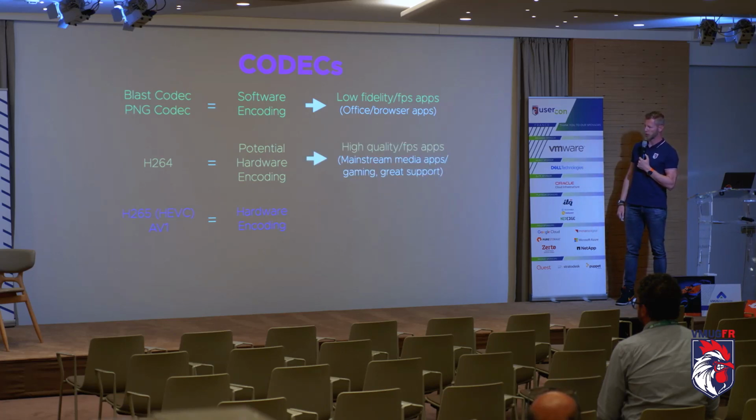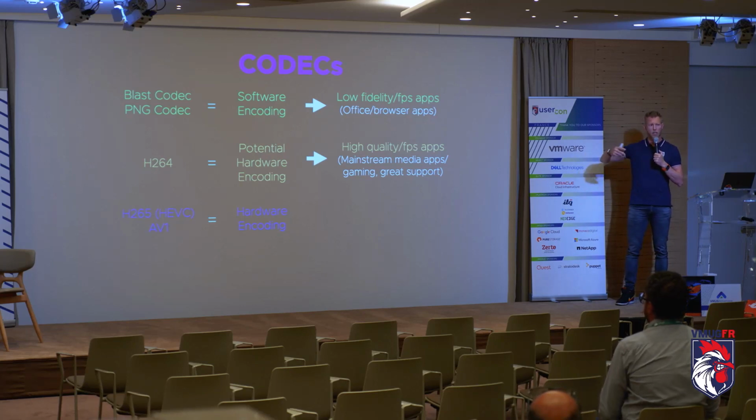H.264 or H.265. So 264 has that high quality, high FPS app requirement. So modeling of something like an airplane or something else, you're building a design. If you have that requirement for a high fidelity frame rate, then that could be a choice.